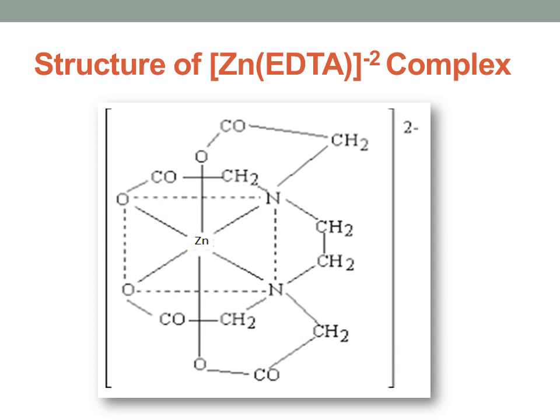It is showing that a ring-like structure is formed when the zinc EDTA complex is formed. Zinc is surrounded by the EDTA ligand, as EDTA is a polydentate ligand. So when it surrounds the zinc, it forms a chelate, a ring-like structure around the metal atom.